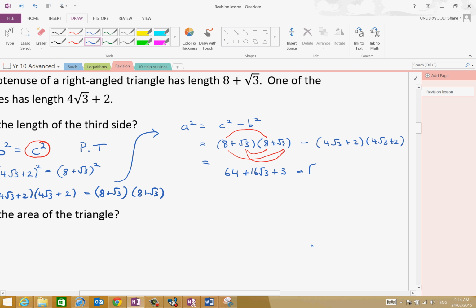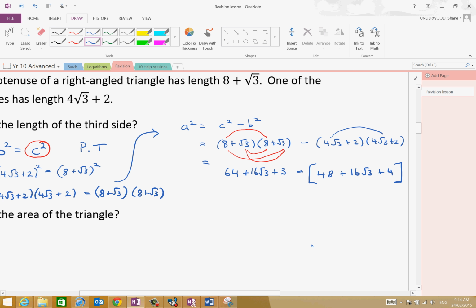The use of square brackets is a good thing to do because that means that everything inside that is multiplied through by the negative. 4 root 3 times 4 root 3 is 16 times 3, which is 48. Plus, we've got 2 times 4 is 8 root 3, plus 8 root 3 is 16 root 3, plus 4, because 2 times 2 is 4.